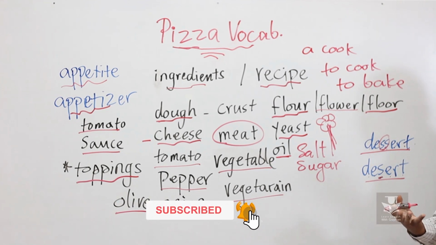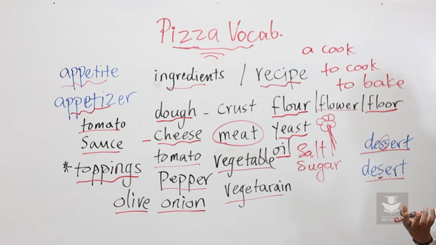Dessert is something that is yummy, most probably sweet, could be fruit, could be anything that has sugar in it. That's called dessert. You eat it after you finish eating your main meal. And this word is desert. You know what a desert is? A desert is a place where there are a lot of sands, there is no water, there are no plants.